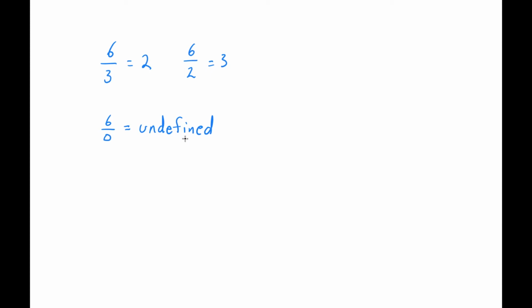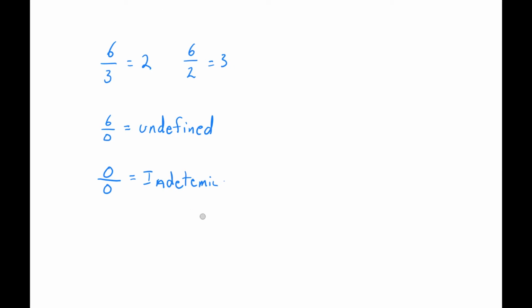So indeterminate is something that we use to describe a situation where 0 is divided by 0, right? Because that's just weird. I mean, if you have nothing, right? You have nothing.